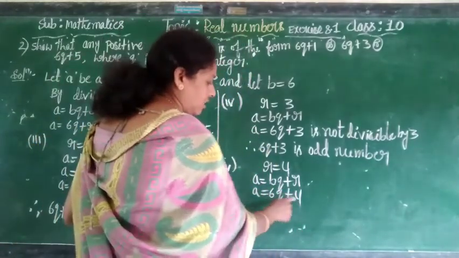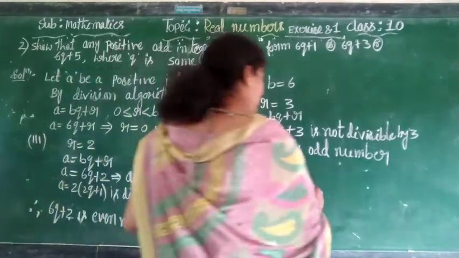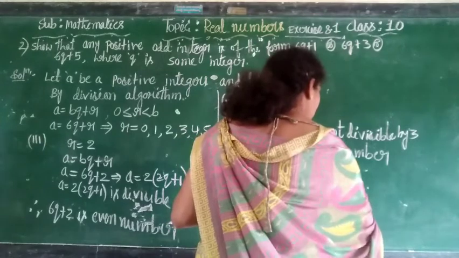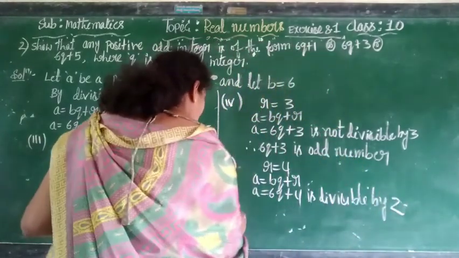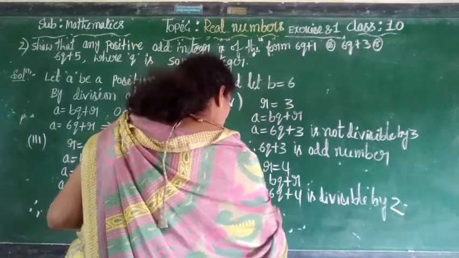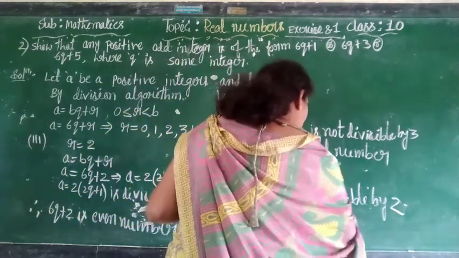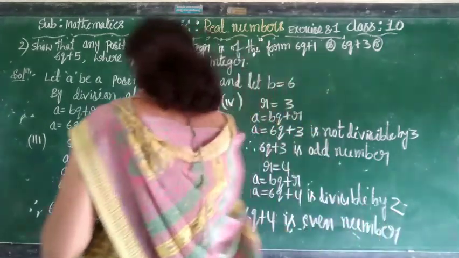This is divisible by 2. Therefore 6q plus 4 is an even number.